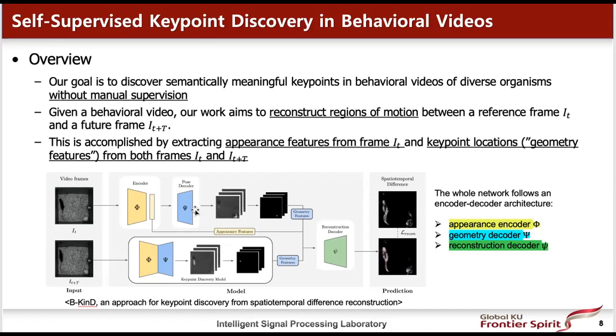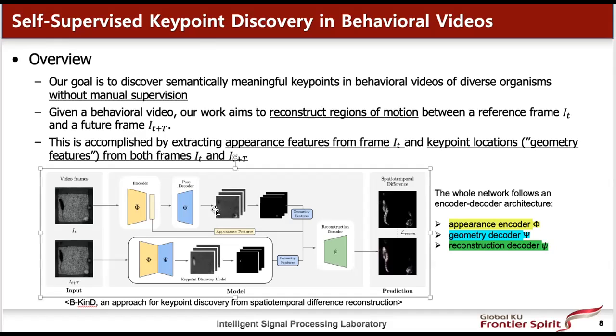From the decoder, if we want to predict the number of key points, we set it as K. So the pose decoder will output K heat maps. That frame that you show on that slide right now.